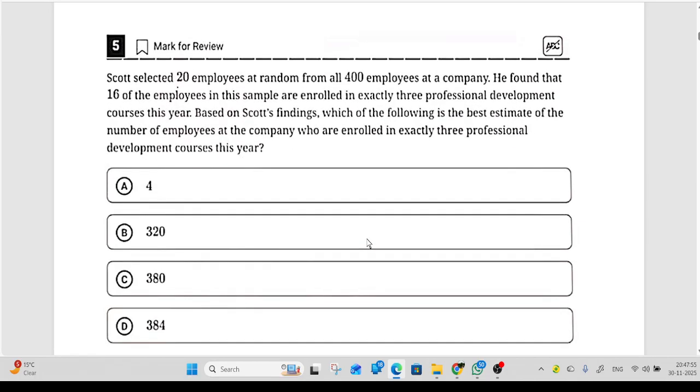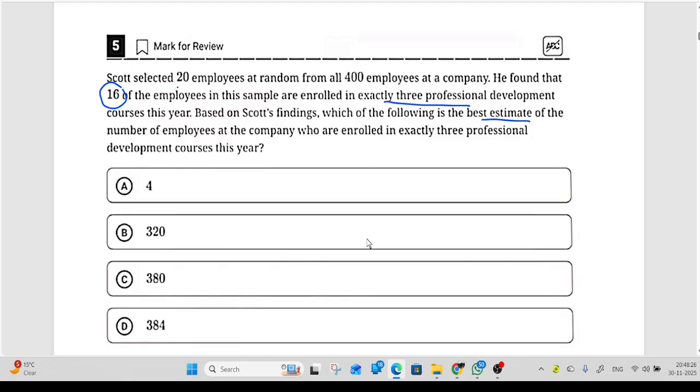So this is my next question. Scott selected 20 employees at random from all 400 employees at a company. He found that 16 of the employees in this sample are enrolled in exactly three professional development courses this year. Based on Scott's finding, which of the following is the best estimate of the number of employees at the company who are enrolled in exactly three professional development courses this year?